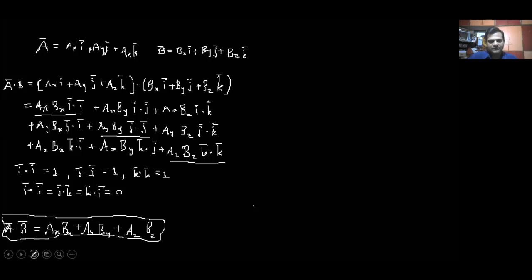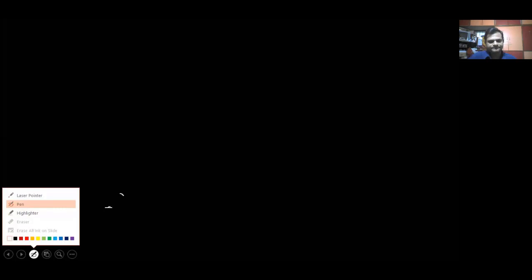Suppose it is the next derivation, that is about the cross product of two vectors. So let us see again. Once again we have the two vectors.